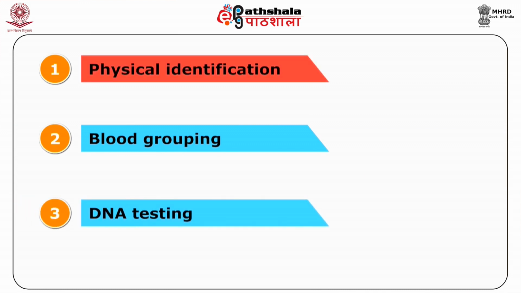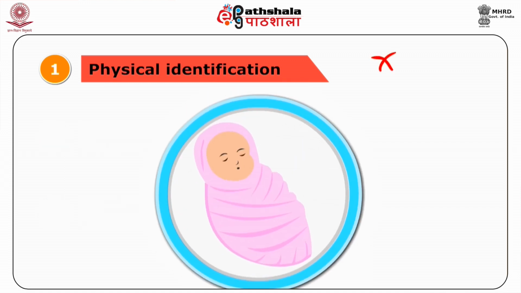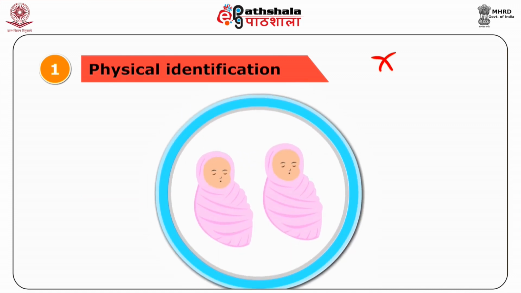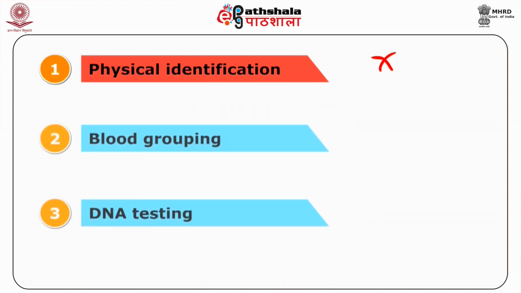The first step was not sufficient because the child was of 2 days and babies of that age generally have similar appearances and hardly anything can be inferred. Now, the second process is of blood grouping.